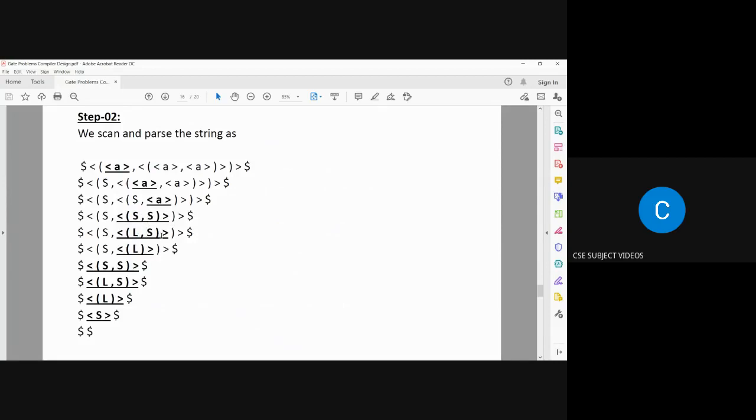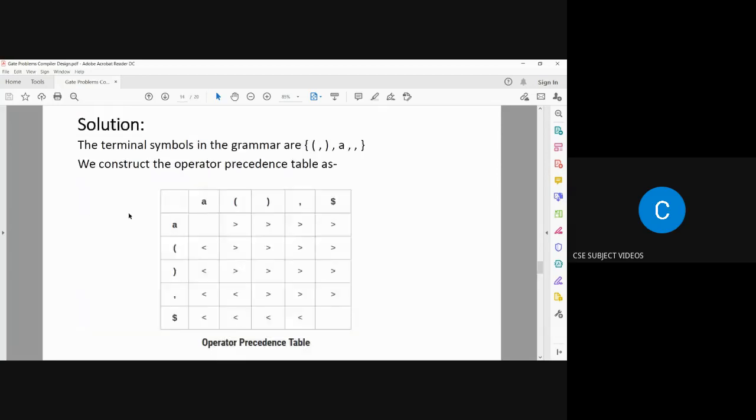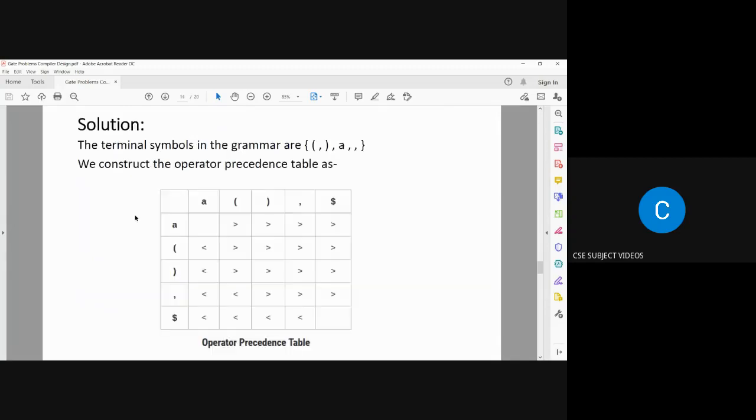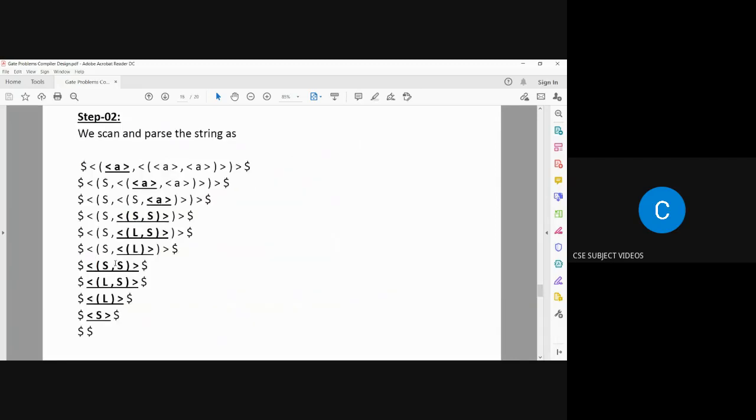So L comma S. Is any other reduction available according to our given productions? See the given productions. L comma S: according to our second production, we can reduce L comma S by L.